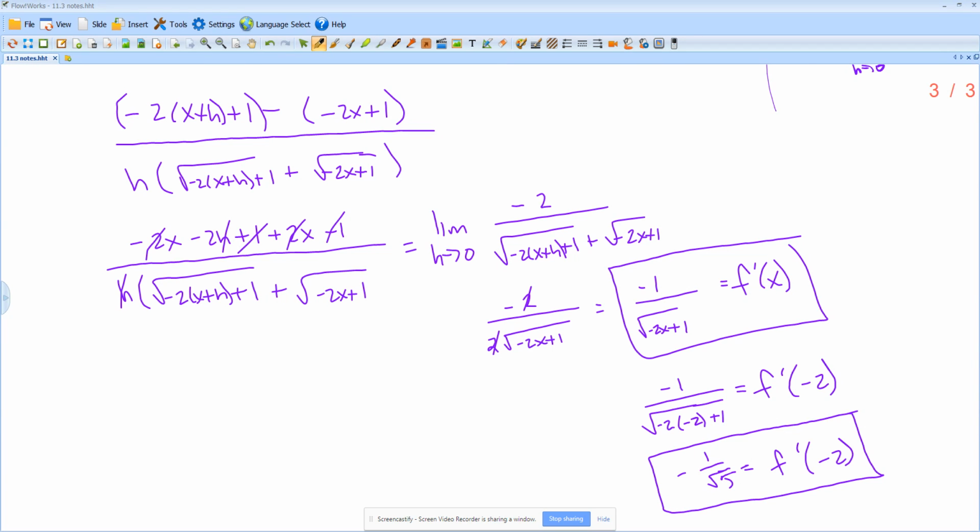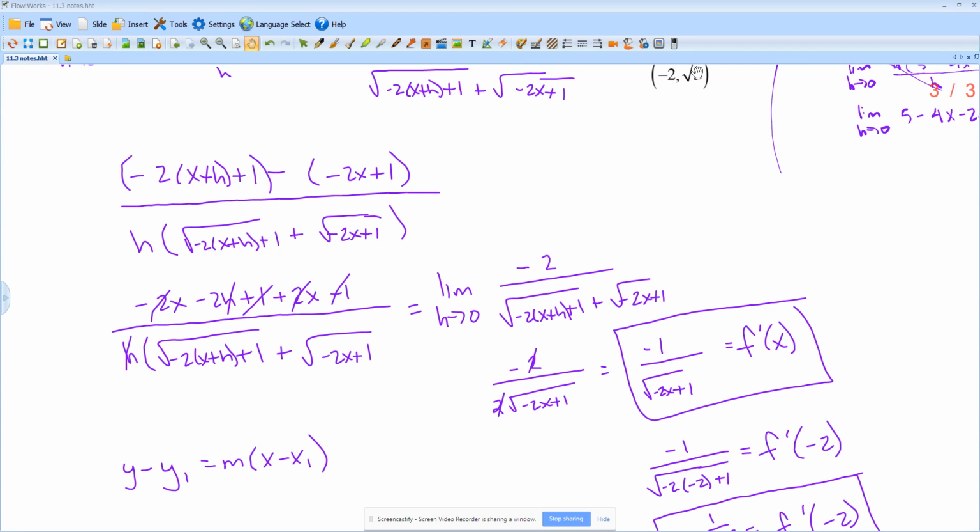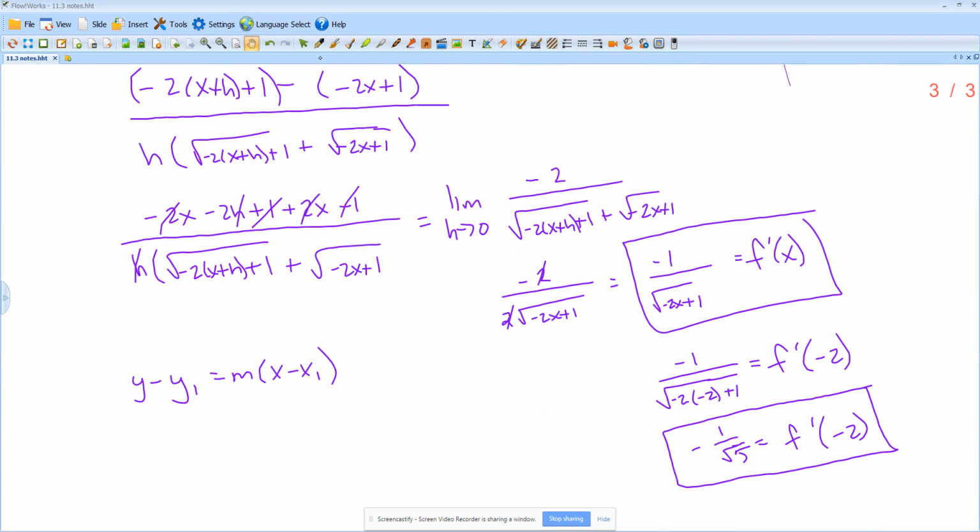Now I want the equation of the line that's tangent. So y minus y1 equals m times x minus x1. I know that y1 is square root 5, right up here, they gave me that. So I'll have y minus square root 5 is equal to m, which is negative 1 over square root 5, times x minus, or plus, sorry, 2, since this x value that they gave us was negative 2.